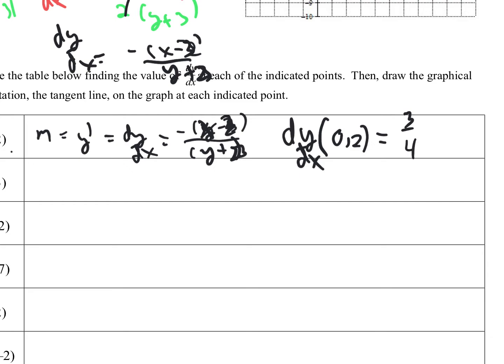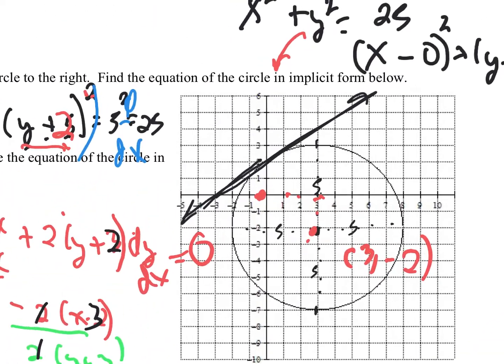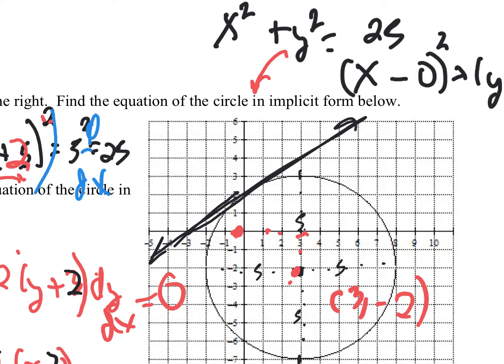So in my imagination, I would love to think that I have a positive slope of 3/4. Let's just see if it's close. 1, 2, 3, 1, 2, 3, 4. Hey, better than government work. It's a good thing I caught my mistake, though.